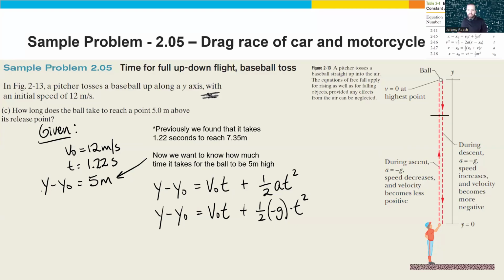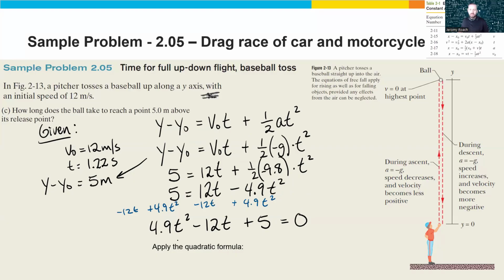So we're going to set our change in displacement equal to 5, using the same formula as before. Remember, a is negative g. So we plug in 5. Our initial velocity is 12 times time, plus 1/2 times negative 9.8 times t squared.